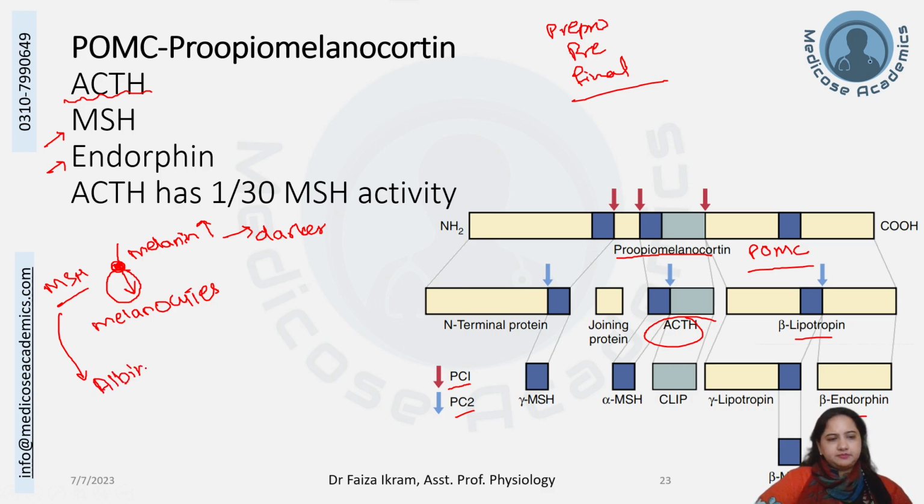albinism. That might also have other pathophysiology like absent melanocyte stimulating hormone receptors or defective melanocytes. Anyways, if there is more melanocyte stimulating hormone, more dark the skin will be. You can see along with the production of ACTH, melanocyte stimulating hormone is also produced, but this is what is majorly being produced in the intermediate lobe of pituitary gland.